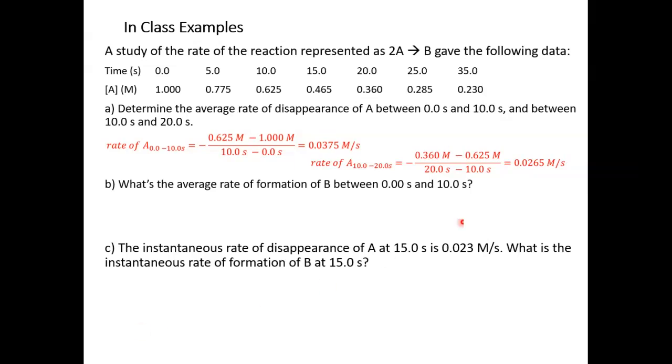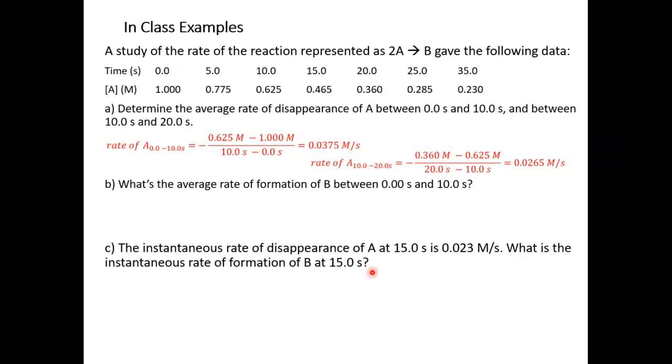So disappearing A at 15 seconds, here's its rate, 0.023. Well, at that same moment in time, what's the formation rate for B? Think about what we just did. B forms half as fast as A disappears, right? Is that always true? Yes, because it's always a 2-to-1 mole ratio.